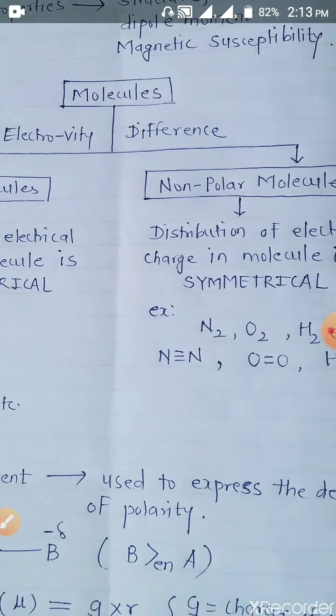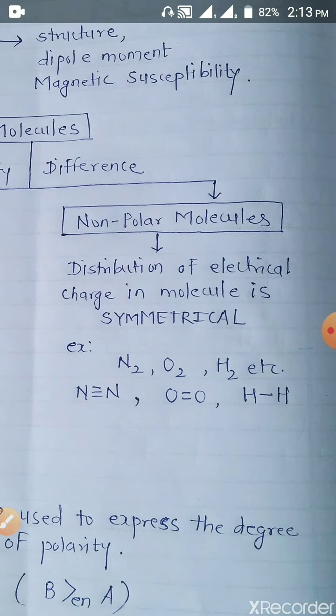The next type is non-polar molecules. Again, it is classified on the basis of electronegativity. When the electronegativity difference between the two atoms is negligible, or we can say both atoms have the same electronegativity value, then that molecule is called a non-polar molecule.